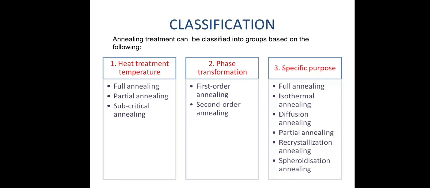In heat treatment temperature, we can see full annealing, partial annealing, and subcritical annealing as a group. In phase transformation, we can see first order annealing and second order annealing. In specific purpose, we can get a specific type of structure. Here we can see full annealing, isothermal annealing, diffusion annealing, partial annealing, recrystallization annealing, and spheroidized annealing.